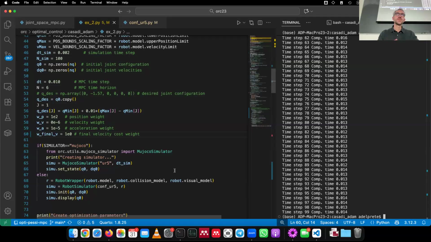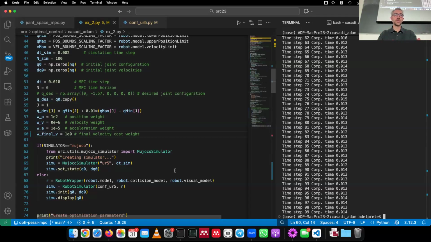So the function recursively converges. Yeah, that's roughly it. We should differentiate though between final cost and final constraint.